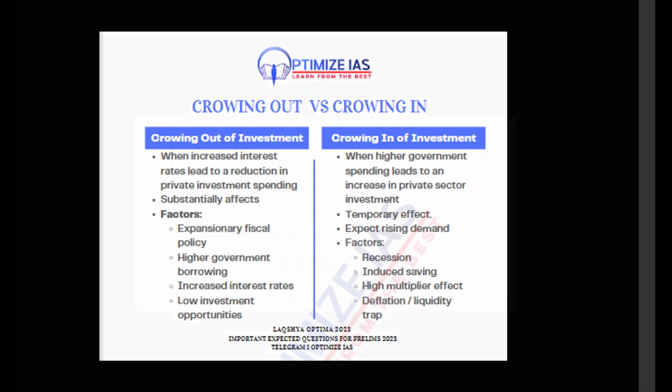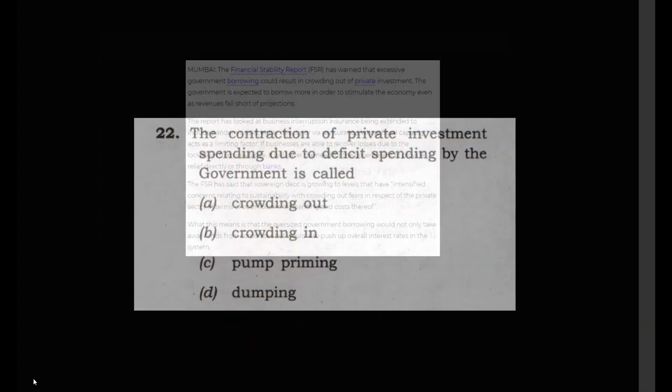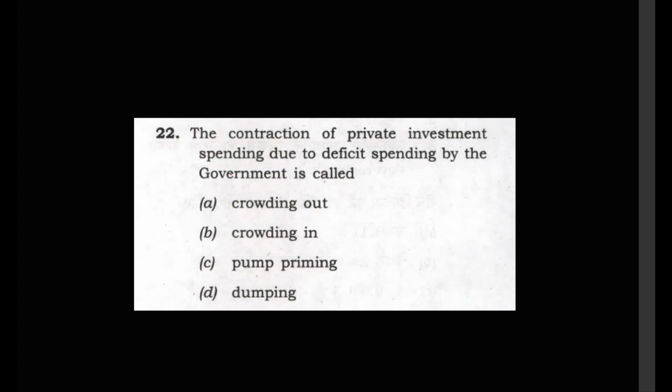In the last 1 or 2 years, UPSC has asked a lot of questions in various other examinations conducted by UPSC like CDS and others. You can read this question: the contraction of private investment spending due to deficit spending by the government is called, the answer will be crowding out effect.